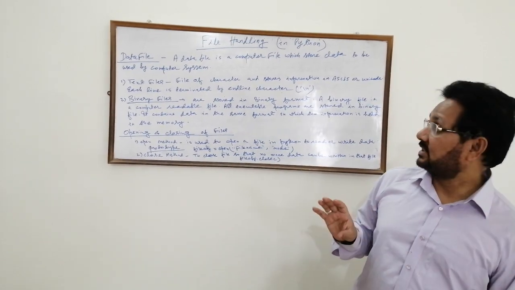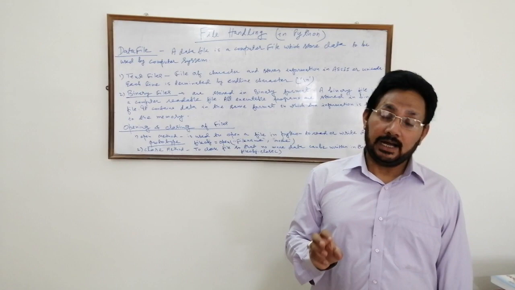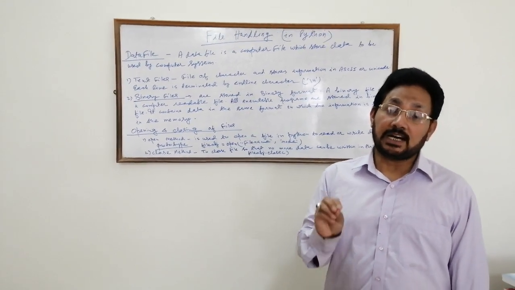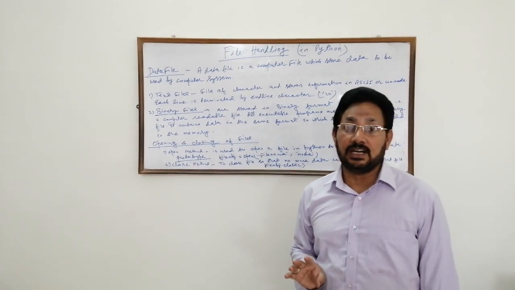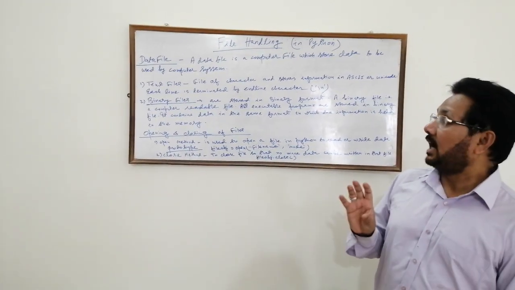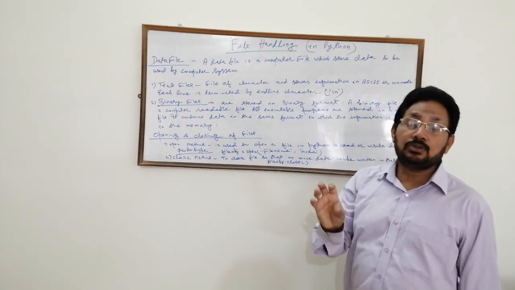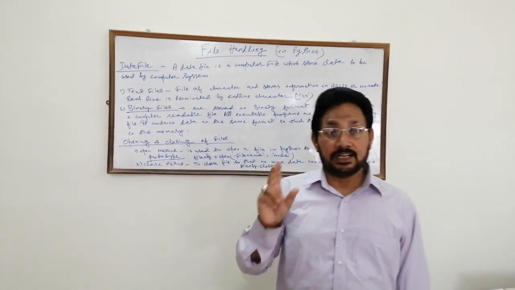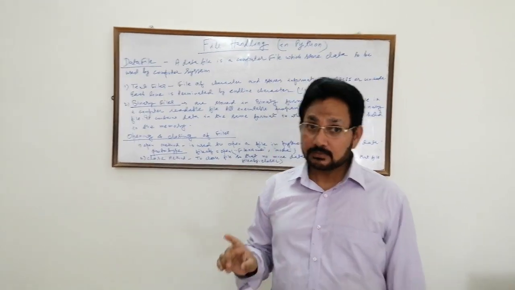Data are basically stored in the form of files, and these files are written or stored onto a secondary storage device such as a hard disk. Here we are going to learn how to read and write data in a data file.